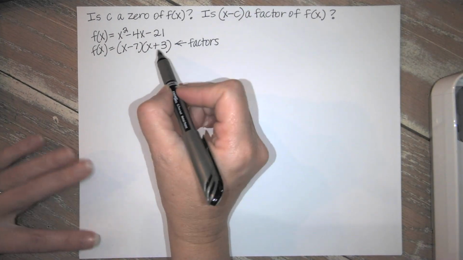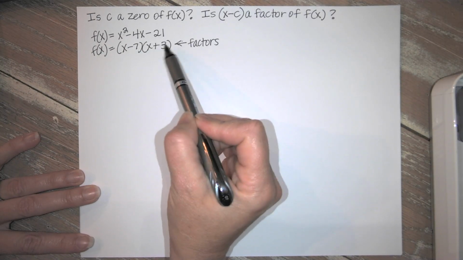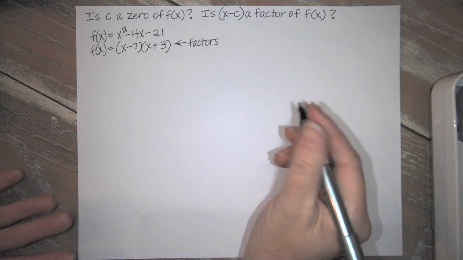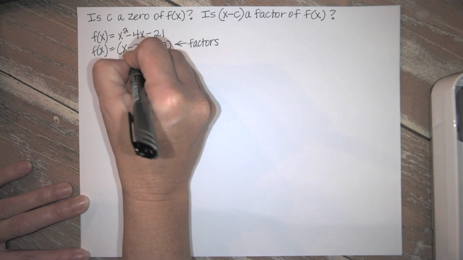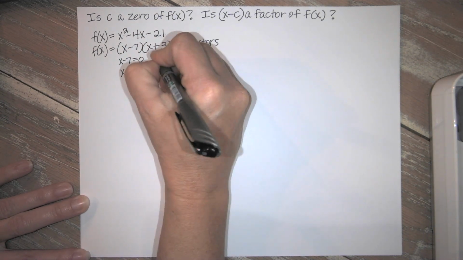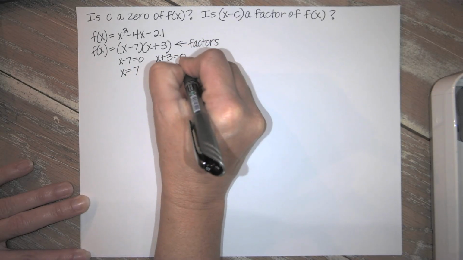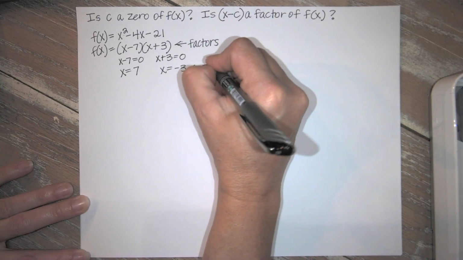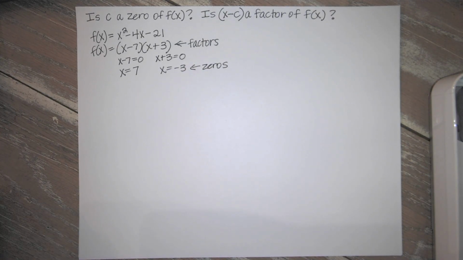And if these are factors, then values that make either of these factors equal 0 are what we call zeros of the polynomial. So if we set that equal to 0, we get 7. If we set this factor equal to 0, we get negative 3. So 7 and negative 3 are what we call zeros of the polynomial.